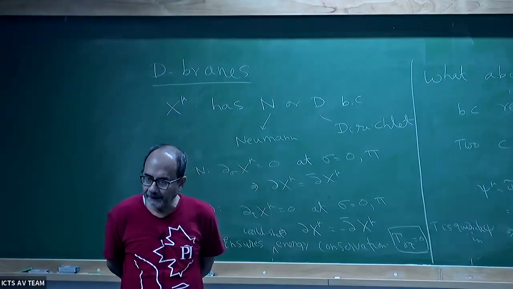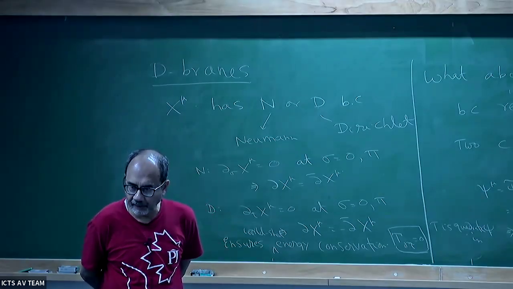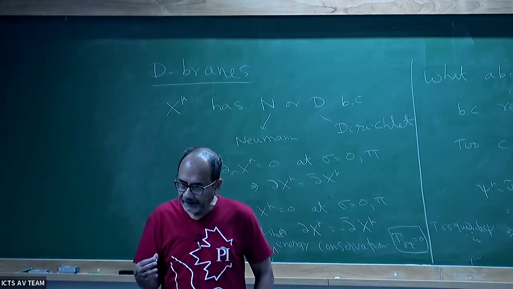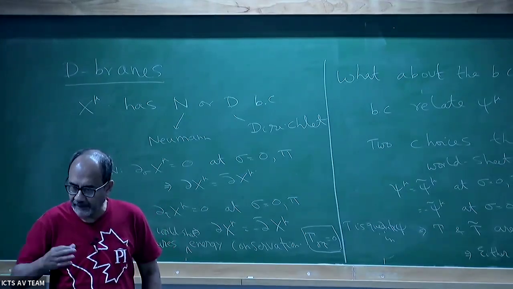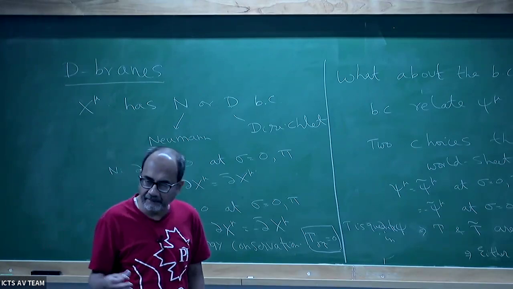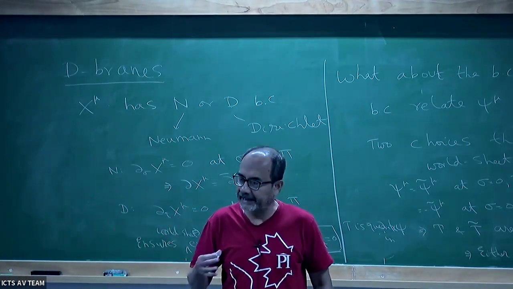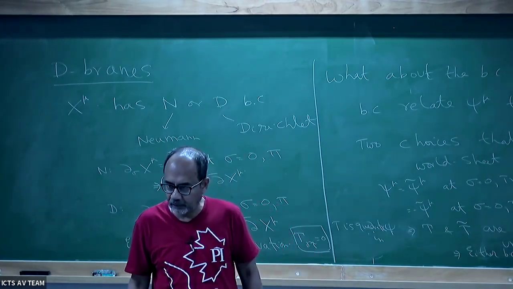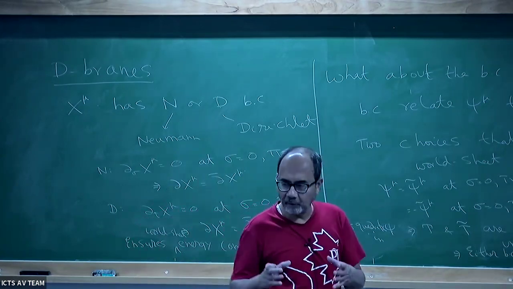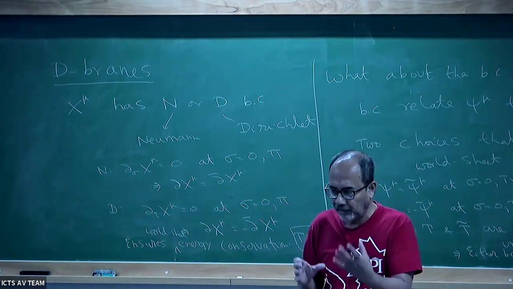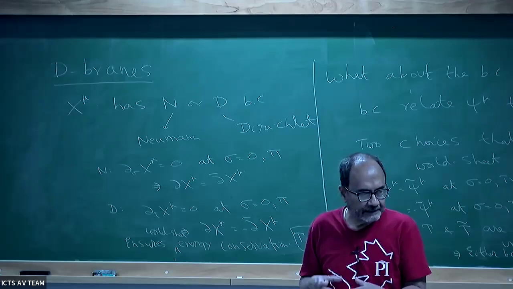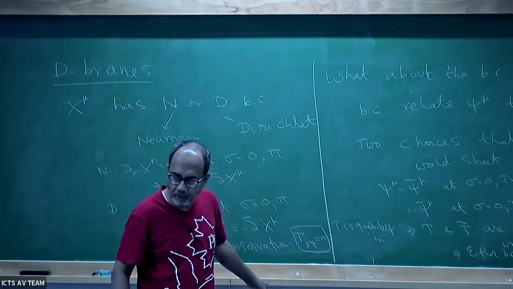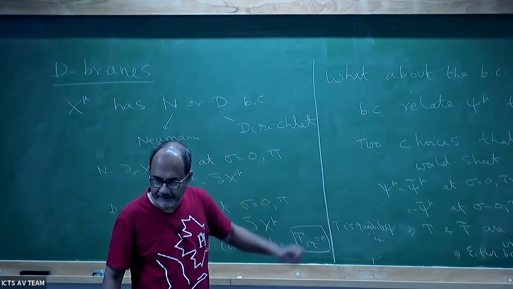The boundary condition on the fermions will have to be correlated to the boundary condition on the X mus, except that the fermion also has an opposite boundary condition because you have NS and R. So the only freedom that you have in the fermionic sector by itself is to change NS to R and R to NS. Otherwise, it will follow the same boundary condition as the bosons. So it's best to start from the Ramond sector. In the Ramond sector, the fermion will satisfy exactly the same boundary condition as the NS sector. There will be a correlation between what boundary condition you put on the bosons and what boundary condition you put on the fermions.